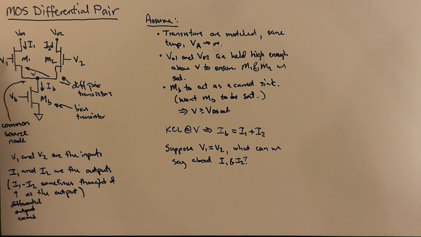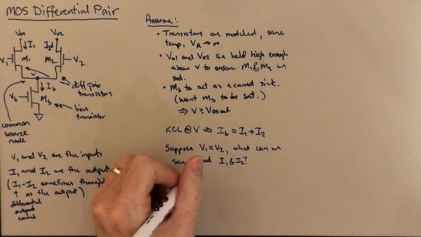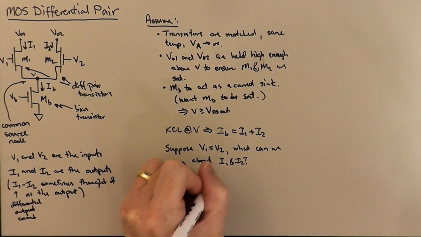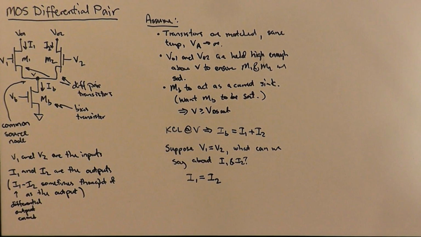So because they have the same gate, source, and bulk voltage, the two currents should be the same by virtue of the matching assumption, the saturation assumption, and the fact that the Early effect is negligible. So we could say that I1 equals I2.